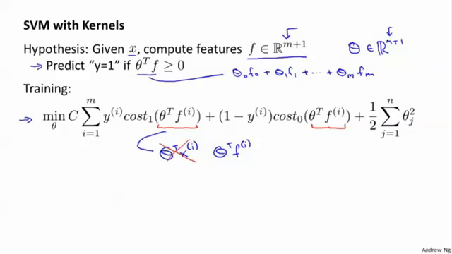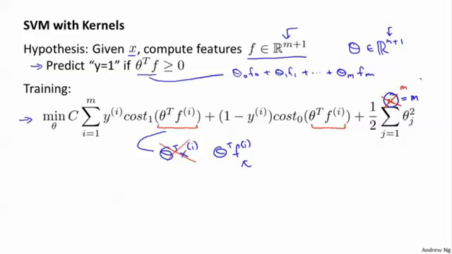One last detail: for this optimization problem, we really have n equals m features. The effective number of features is the dimension of f, so n is actually going to be equal to m. So you can think of this as a sum from j equals 1 through m.